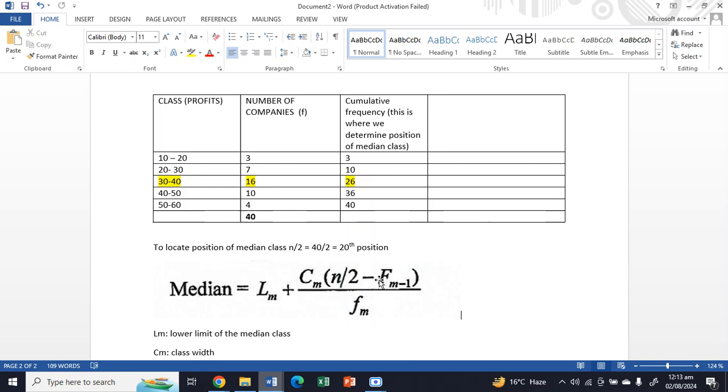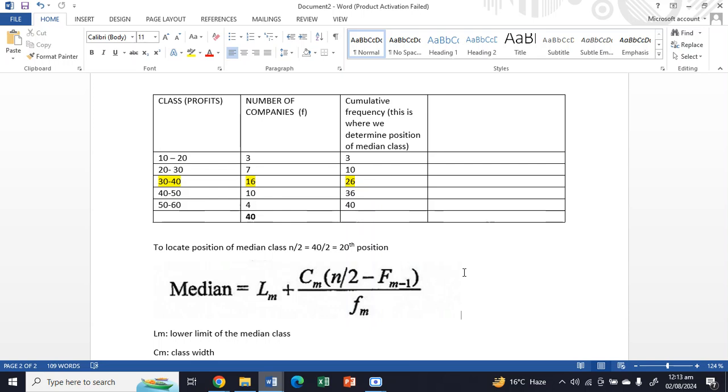Because if we just look at one question like this, and then you forget about this topic, you definitely forget what these are, especially this Fm minus 1. At least this one you can remember. Fm is frequency of median class, Cm class width, L lower limit. But this Fm minus 1, you might be completely blank.